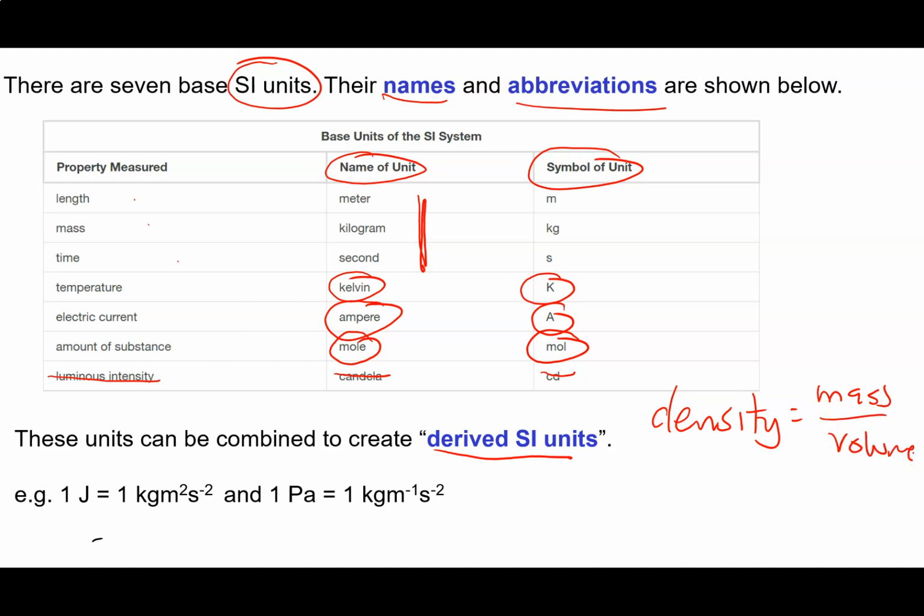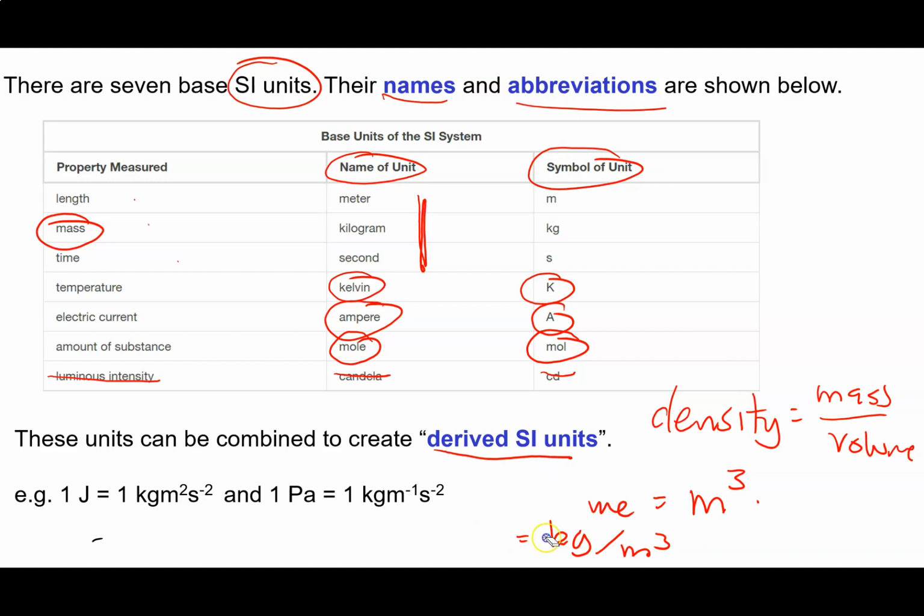There is a base unit for mass, but there isn't a base unit for volume. Volume has units of length cubed, so the base unit for volume would be the meter cubed. So density would end up with units of kilograms per meter cubed if we were in the base units.